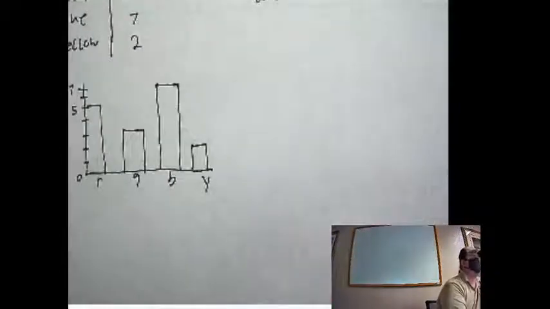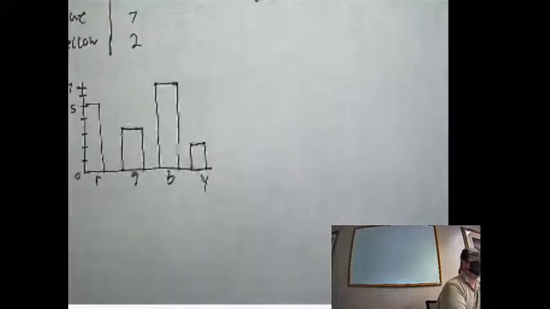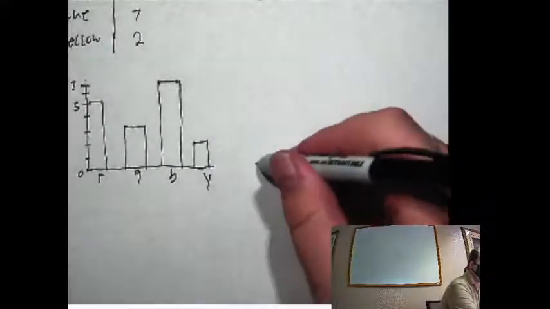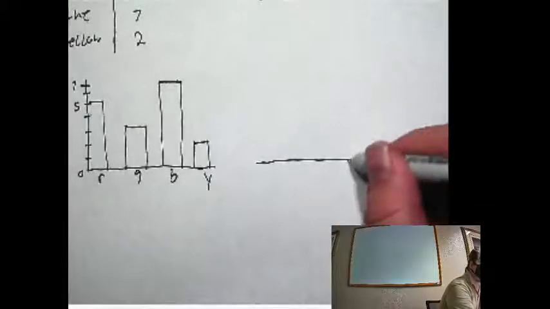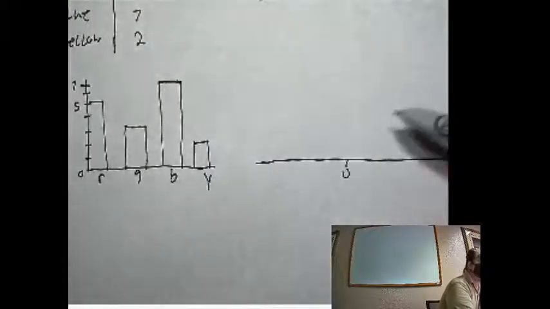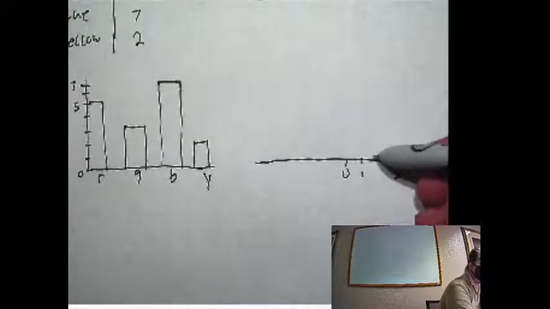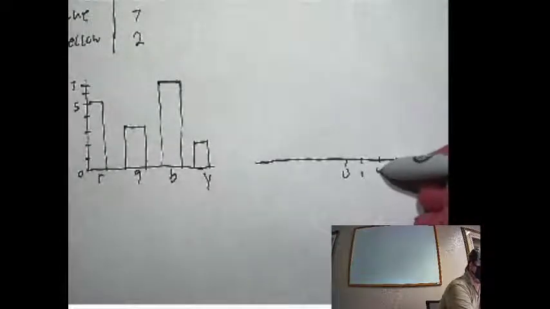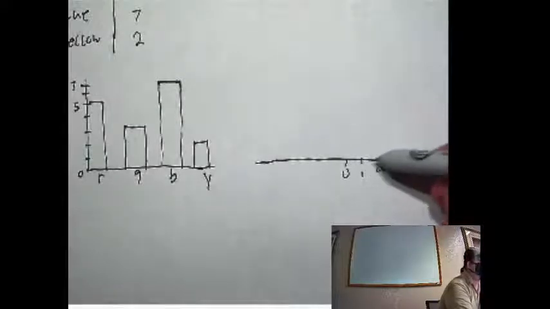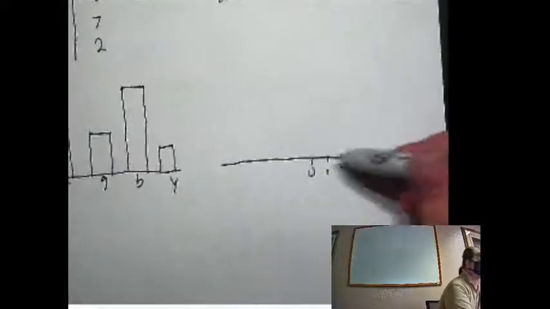Now, with quantitative data, you have to remember that quantitative is talking about numbers. Numbers are all on a number line. And you can have 1 or 2, but you can also have things like 1.5. We have things in between these things.